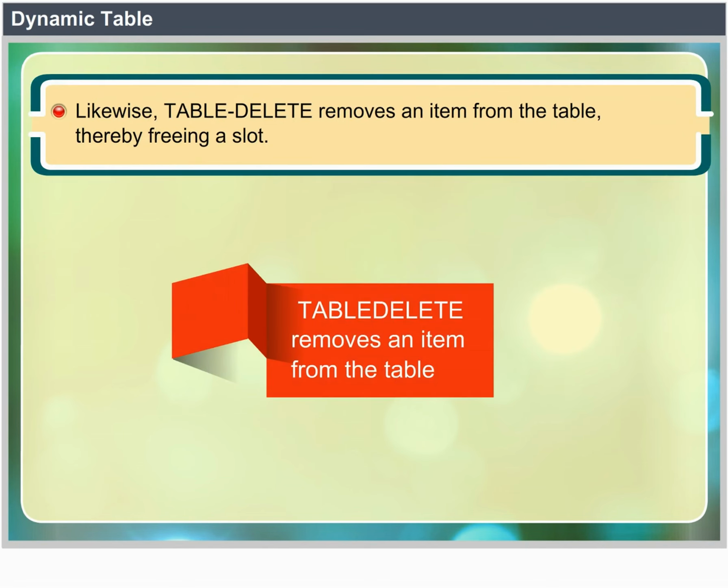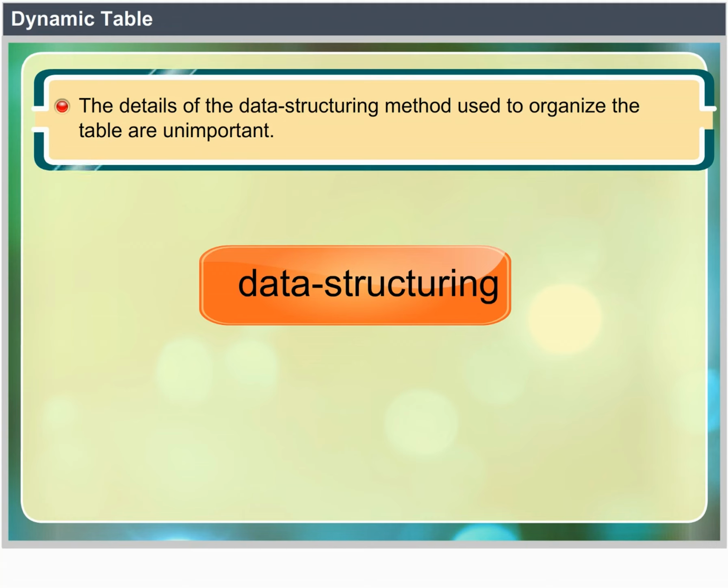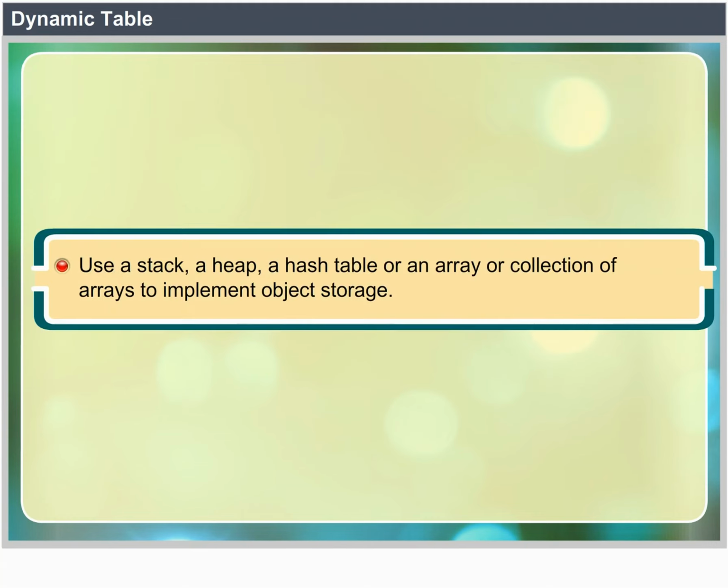Likewise, Table-Delete removes an item from the table, thereby freeing a slot. The details of the data structuring method used to organize the table are unimportant. We can use a stack, a heap, a hash table, or an array or collection of arrays to implement object storage.